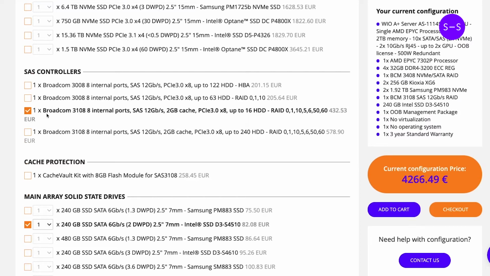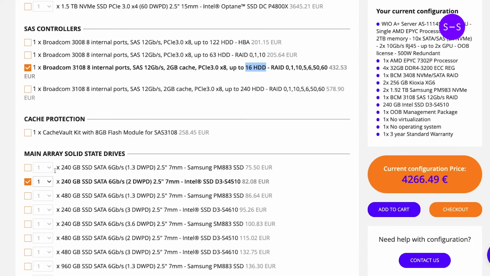As this system does not have more than 10 drive bays, it's a very good fit. It has the very same performance and features as the 240 hard drive supporting controller, but supports just fewer drives and is not that expensive. So this would be a very good fit for the given solution.